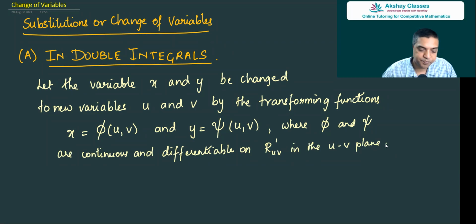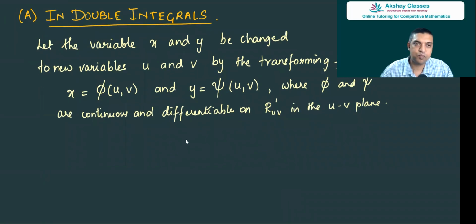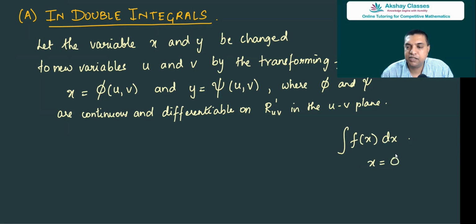So what is the method of transformation? Remember, in a function of a single variable, x was replaced by phi of t.